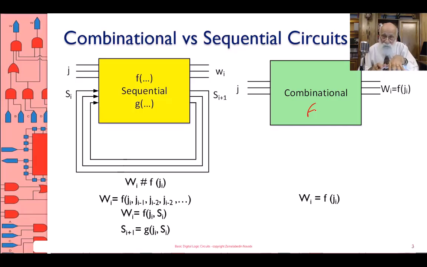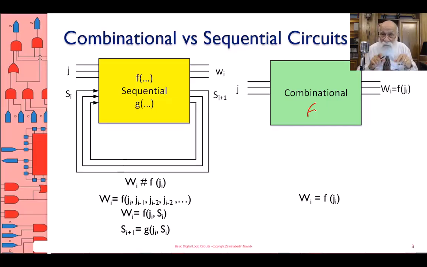You leave the circuit as is, come back tomorrow, give it the same input, it gives you the same exact output. Between today and tomorrow, you may give it a million other inputs, but when you come back tomorrow and give it that same exact input, it's going to give you the same output.